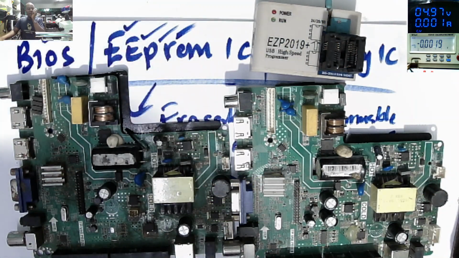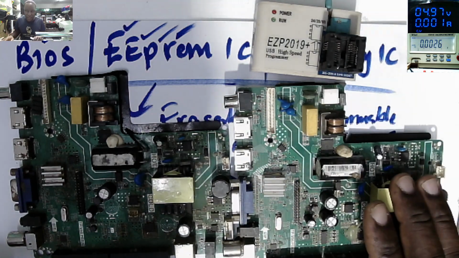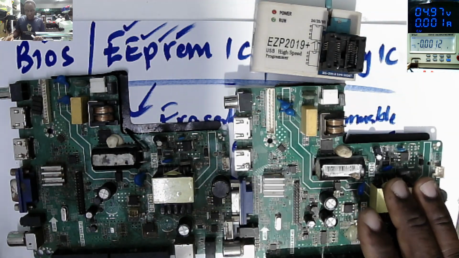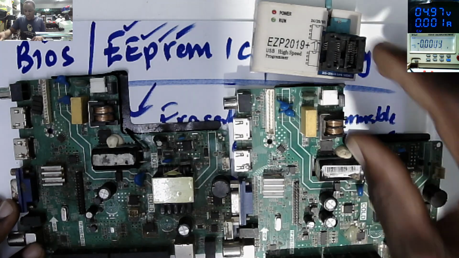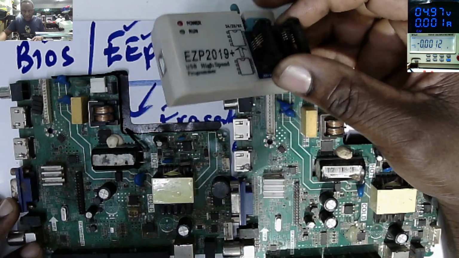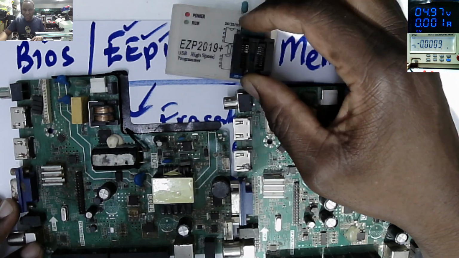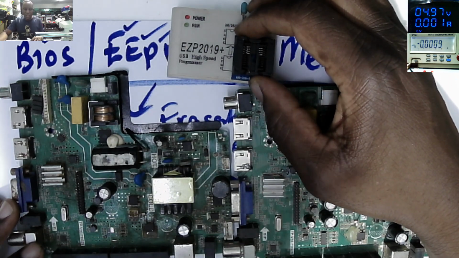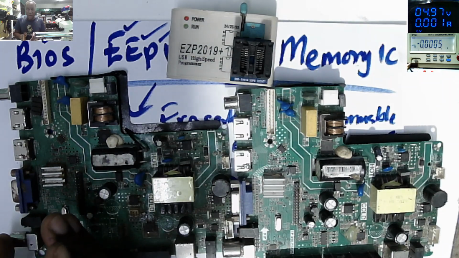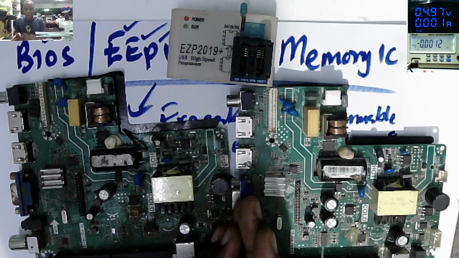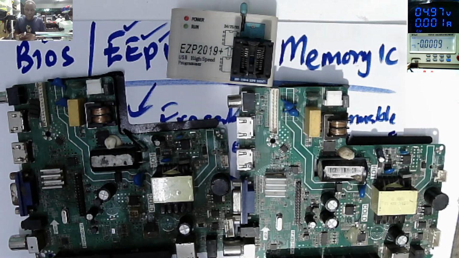Less than 10 US, almost $10. So I don't see any reason why you can't buy something like this. There are so many programmers on AliExpress. All what you need is to have a functional Visa card. You deposit your money, you buy.